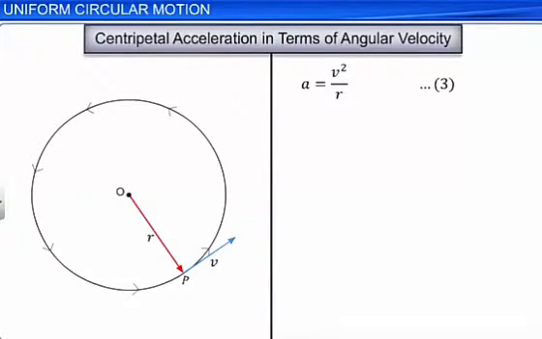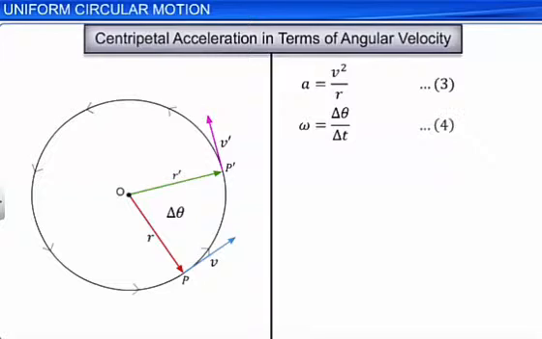Now, let us find the centripetal acceleration in terms of angular velocity, omega. As the body moves from P to P' in time Δt, the line OP turns through an angle Δθ. As you know, omega is equal to Δθ/Δt.